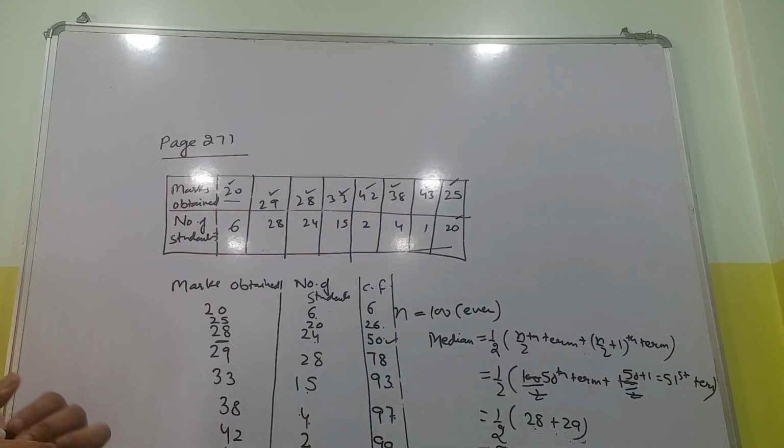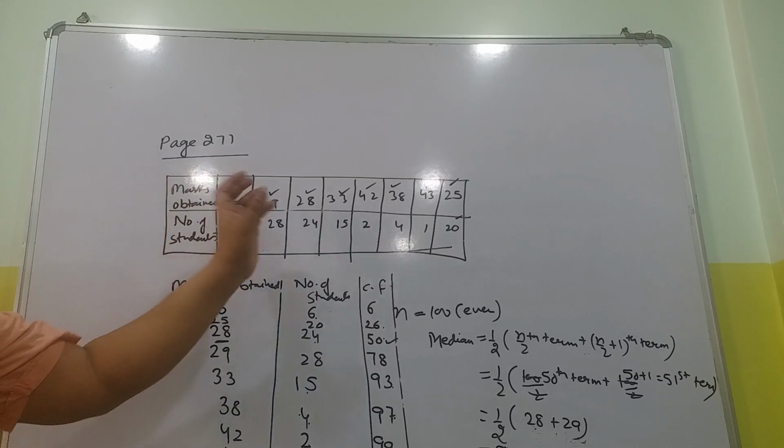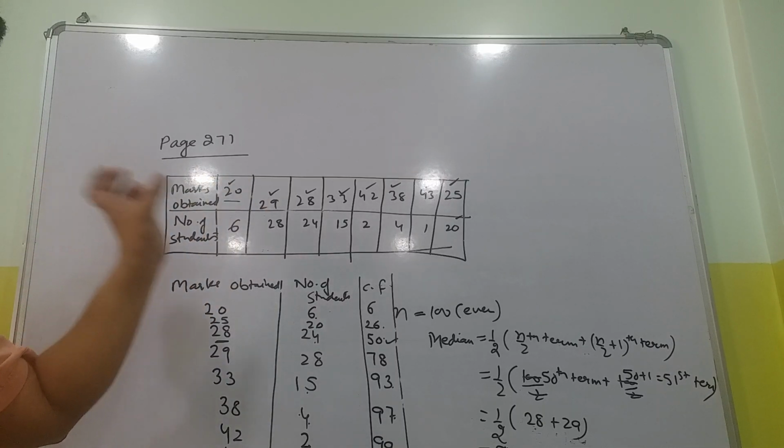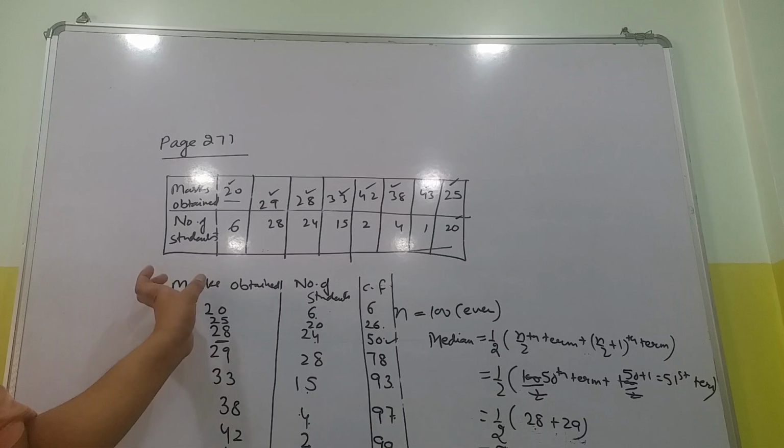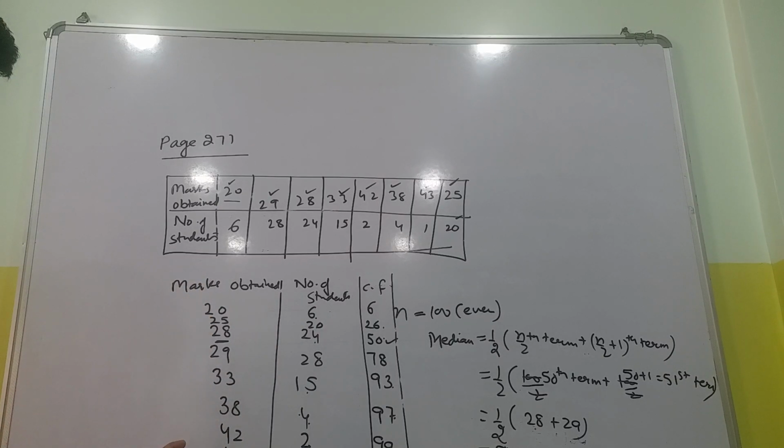So here we have calculated the median of grouped data, but here the groups are not formed according to class intervals. Simple observations are given, so the observations are arranged in increasing order.